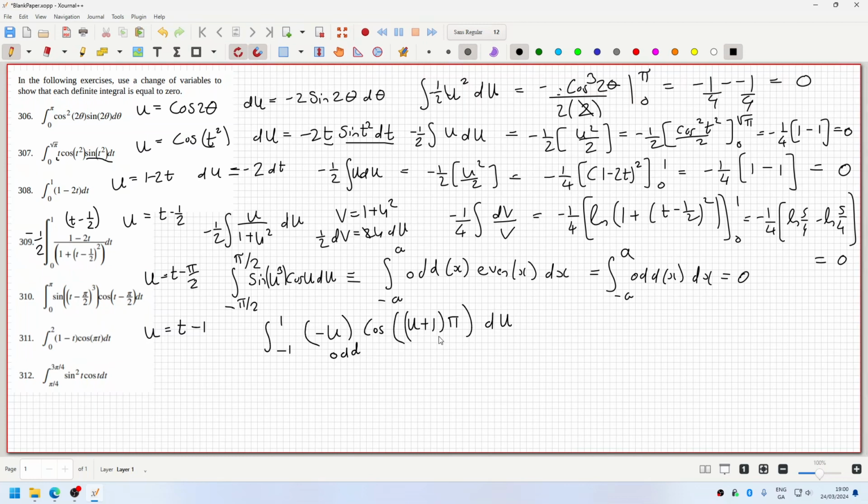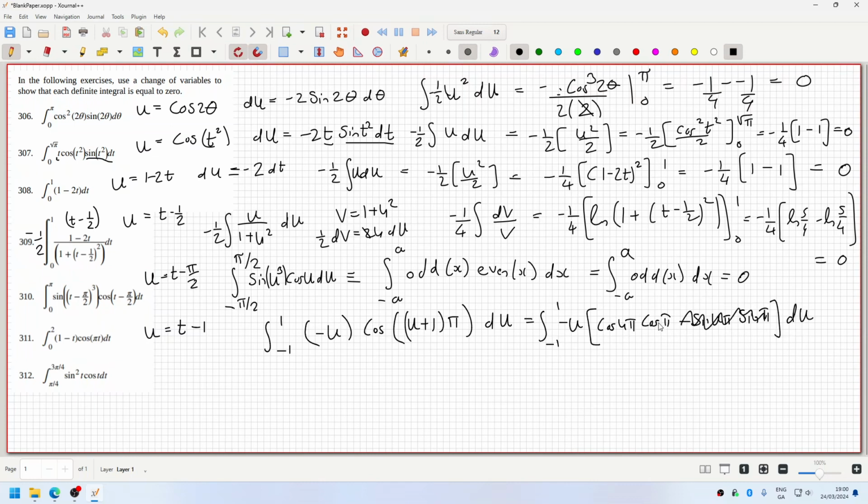But what about this one here? I might have to examine what happens here a bit more. So if we use the trig rule, this is cos A cos B minus sine A sine B. Sine pi is 0, so that's actually gone.